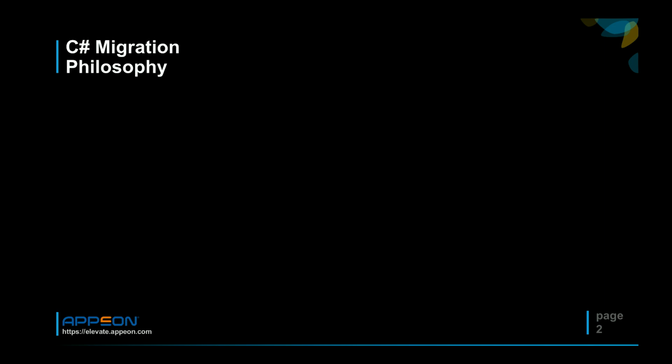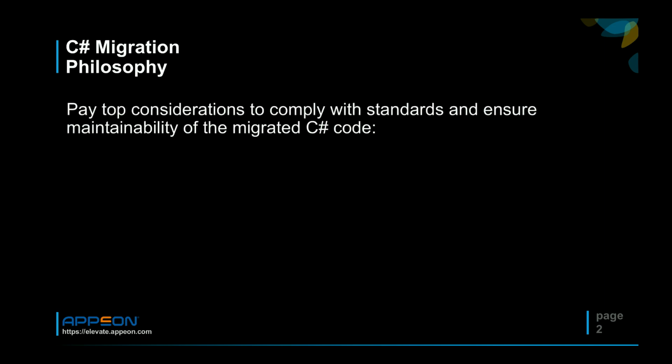Before we start talking about what the PowerScript Migrator is able to do for your projects and how much it'll accelerate, I think it's important to understand Appeon's philosophy towards C# migration, because that dictated how we designed this solution and specifically the result it provides. It was all driven by our philosophy. Our top consideration in helping you move to C# is to ensure you comply with standards and ensure maintainability of the migrated C# code.